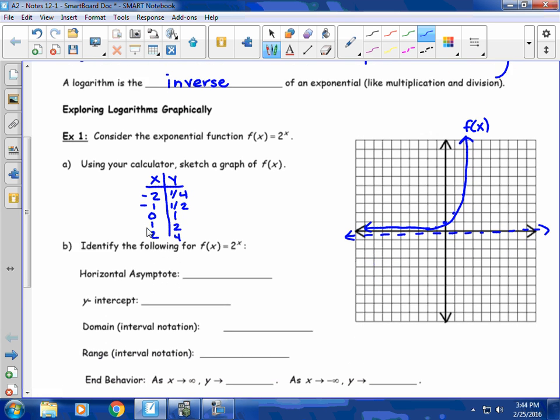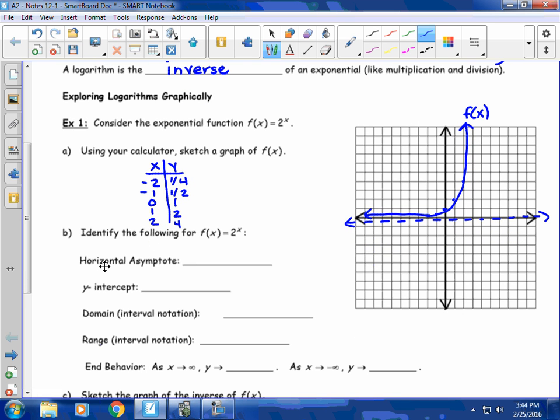Okay, and then if we answer these questions down here, we just said horizontal asymptote is where? Y equals 0. Y-intercepts, we always know y-intercept is happening when x is 0. You know the y-intercept of every exponential parent function is always 0, 1. Okay, domain in interval notation.